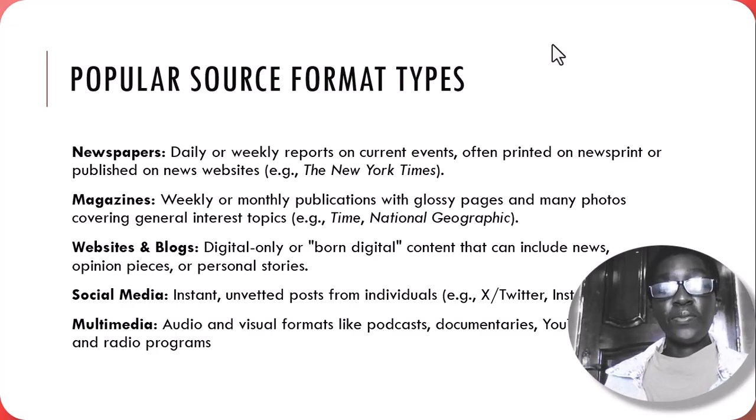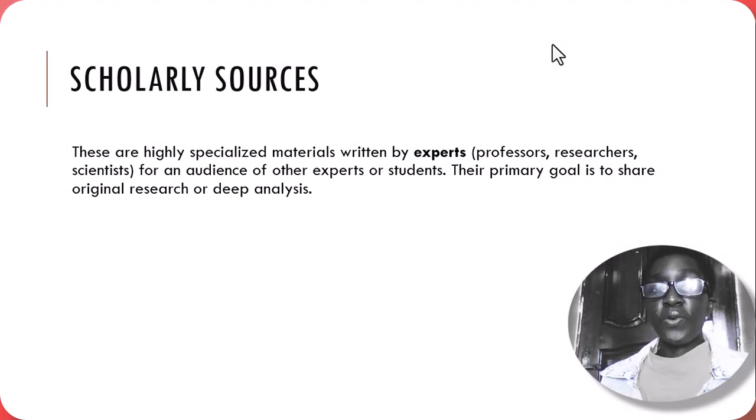Then you also have websites and blogs, digital only or born digital content that can include news, opinion pieces, or personal stories. Then you have social media, instant unvetted posts from individuals, for example, X, Twitter, and Instagram. We also have multimedia, which could be audio or visual formats like podcasts, documentaries, YouTube videos, and radio programs.